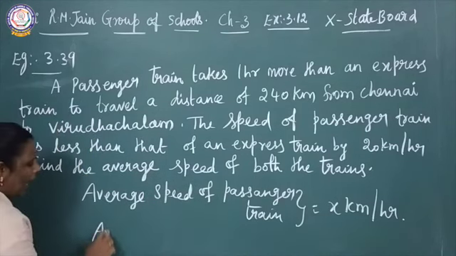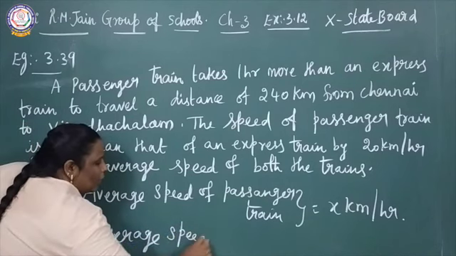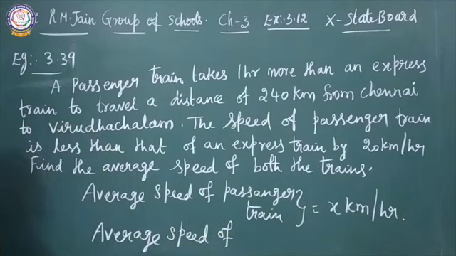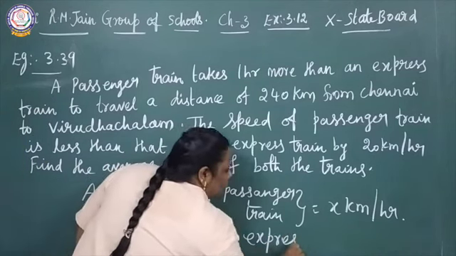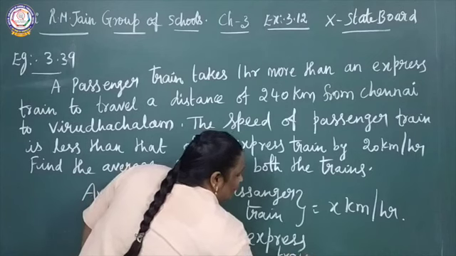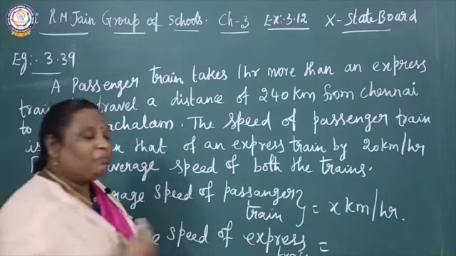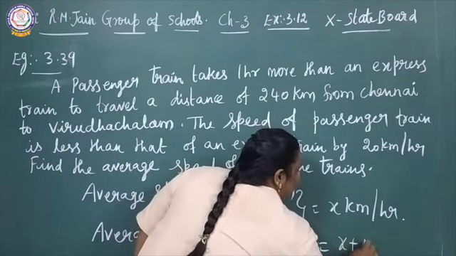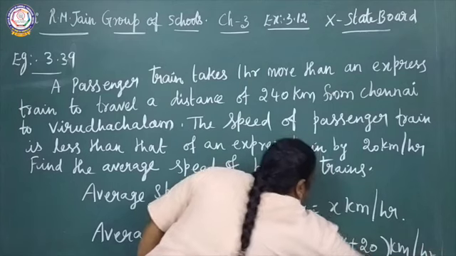So the average speed of the express train is x plus 20 kilometer per hour.